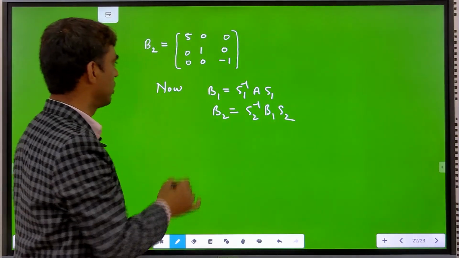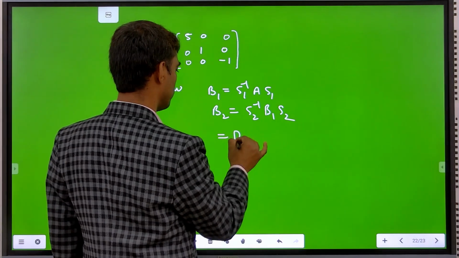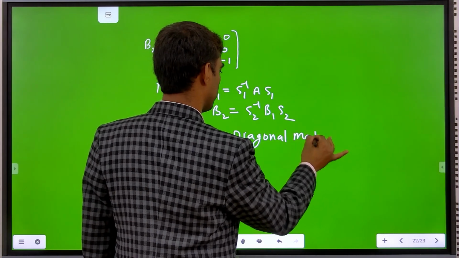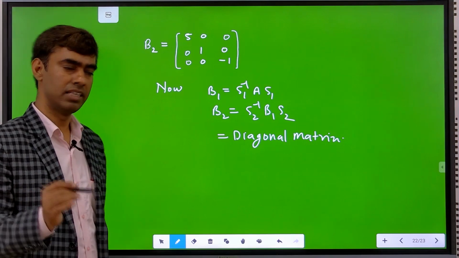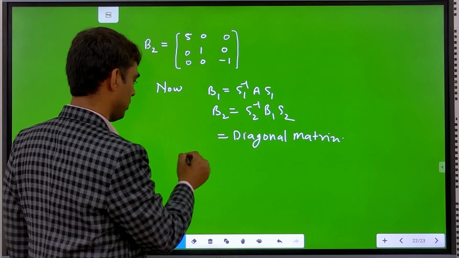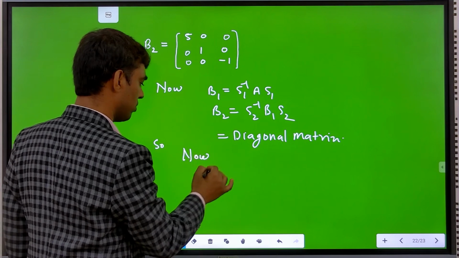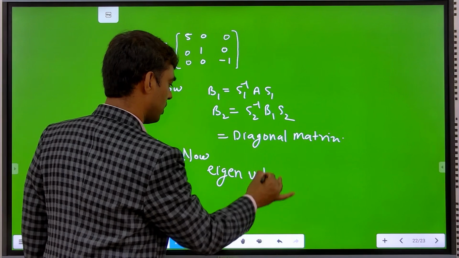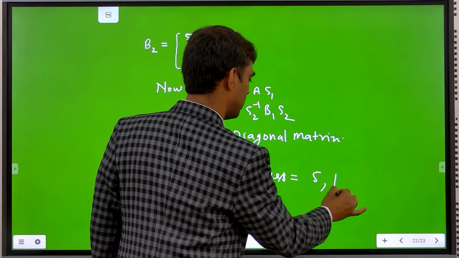Now B2 becomes a diagonal matrix, and we know that the eigenvalues of a diagonal matrix are the diagonal elements themselves. So the eigenvalues are 5, 1 and minus 1.